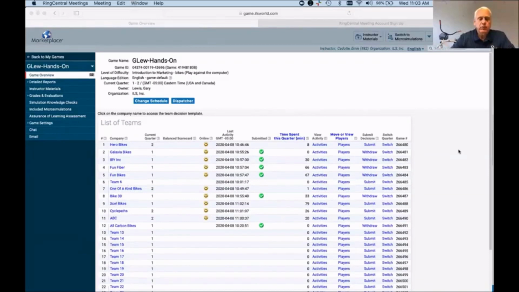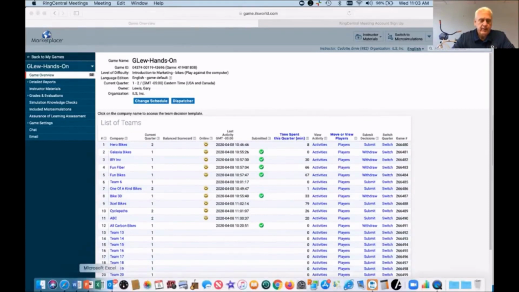All right, so what you see in front of you is the instructor view. It identifies all the teams here on the left that are playing. The green check mark means that that team has submitted their decisions. In a moment we will advance to quarter 2, including my team.